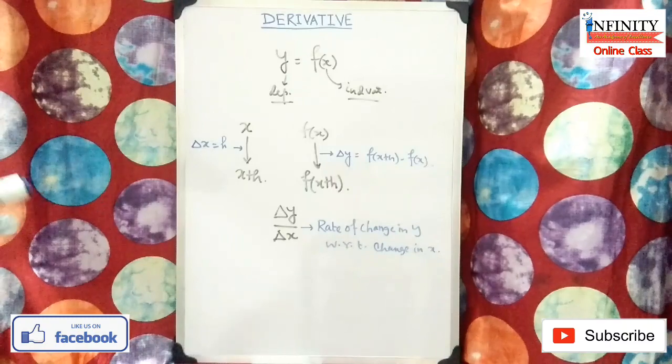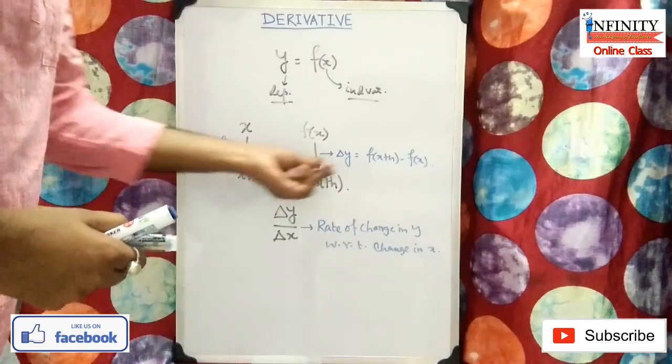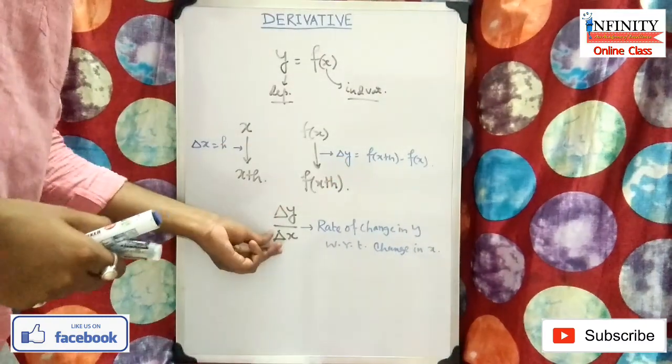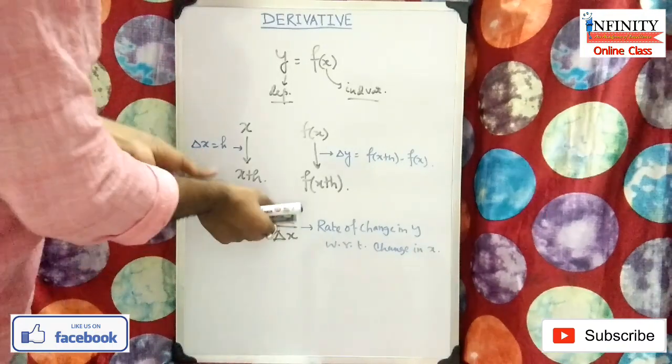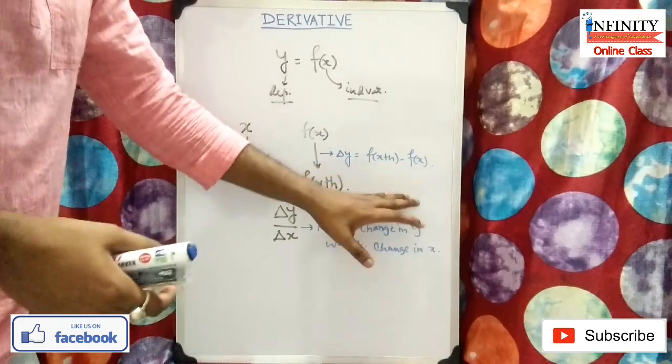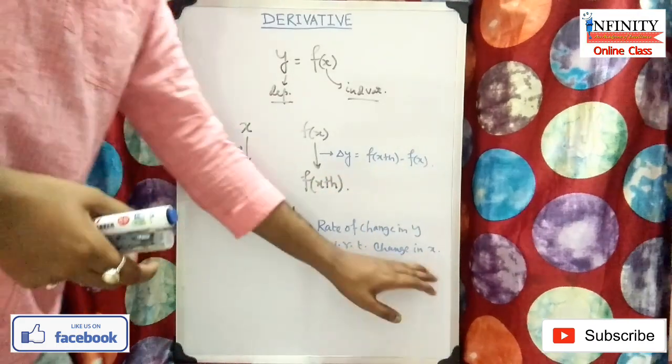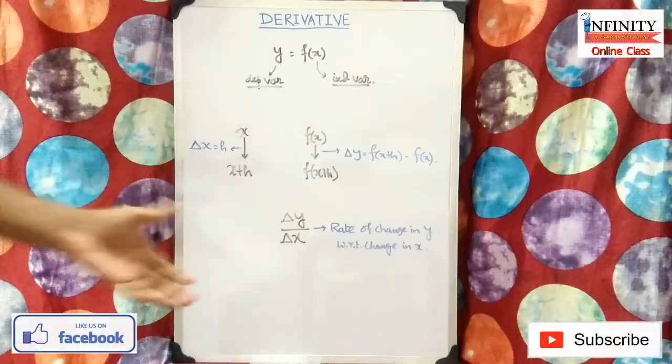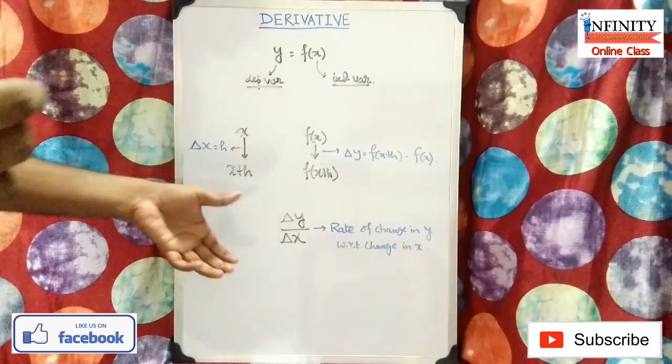That means here delta y denotes the change in y and delta x denotes the change in x. So delta y by delta x denotes the rate of change in y with respect to the change in x. What does this ratio actually mean?